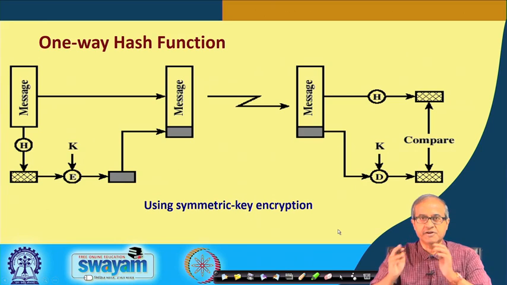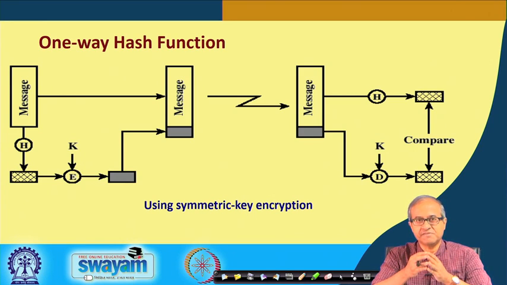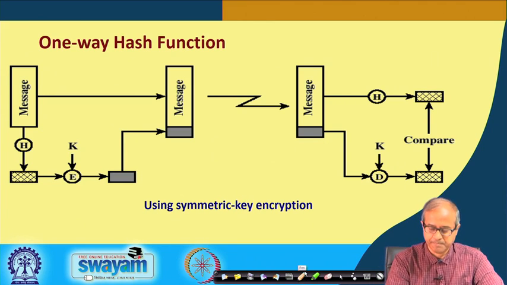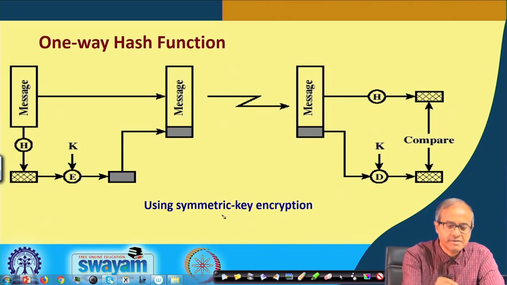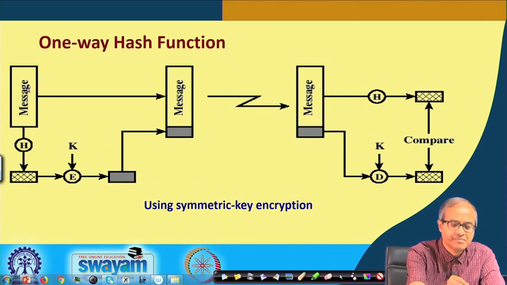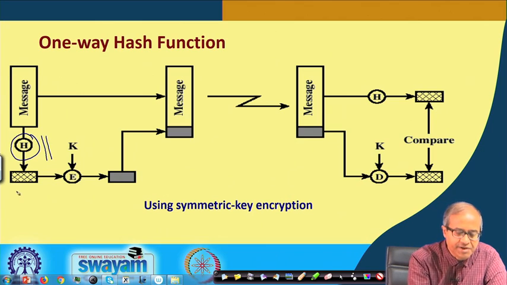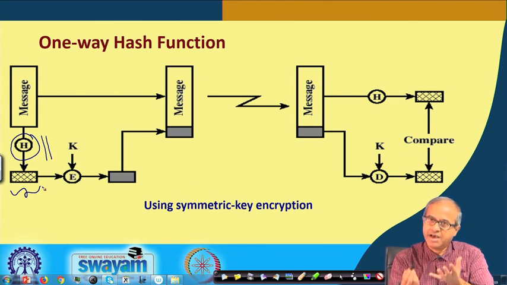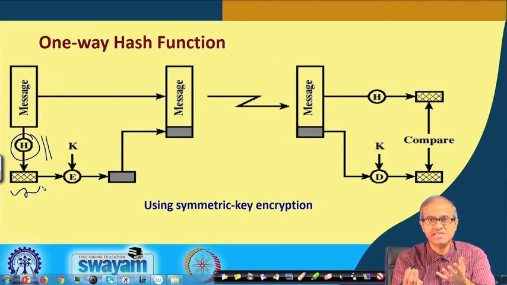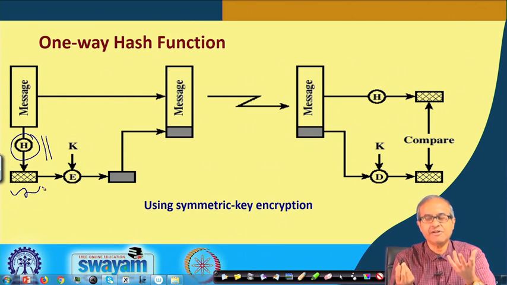Okay. So, first in this diagram we try to explain how we can implement a one way hash function using symmetric key encryption. Let us see. Here you have a message. So, what we do? We have a hash function h here. So, we apply a hash function, right, and we get a hash digest out here. So, we have a hash function, we apply it to a message, we get a hash value, but after that we use another step of encryption.